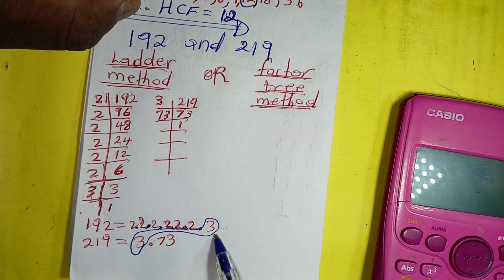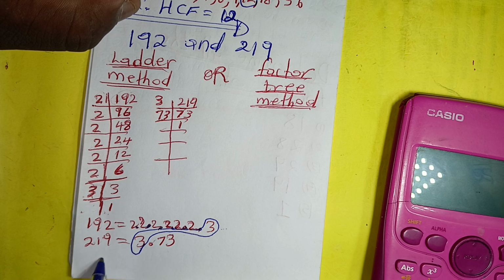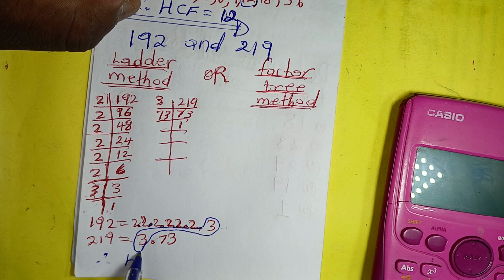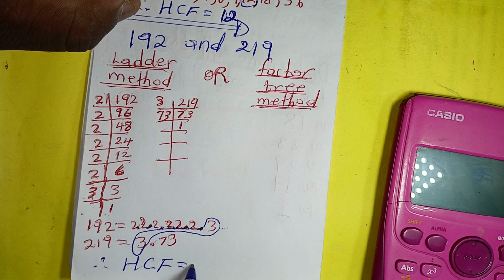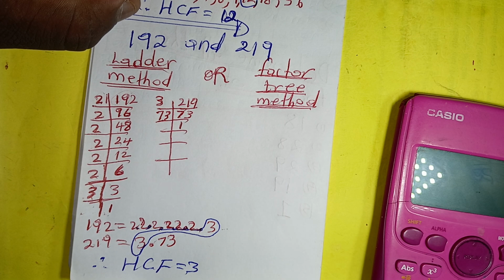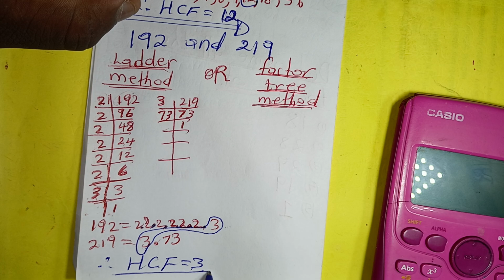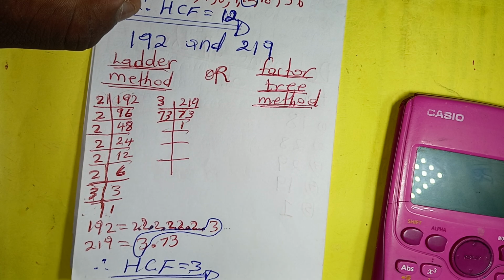We don't take them twice. We'll just say, therefore, our highest common factor here is only 3. You can't take them like 3 times 3. It's only 3 here. Do you see?